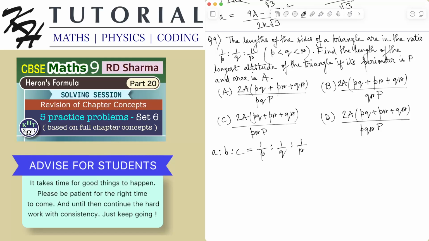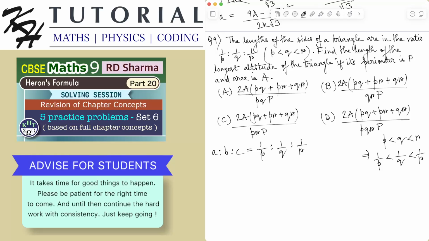Now it is given that p is less than q is less than r; p, q, r are obviously positive numbers. So for positive numbers p, q and r, if p is less than q is less than r, then if you take the reciprocal of them, the inequality will get reversed. This means 1 by p will be greater than 1 by q will be greater than 1 by r.